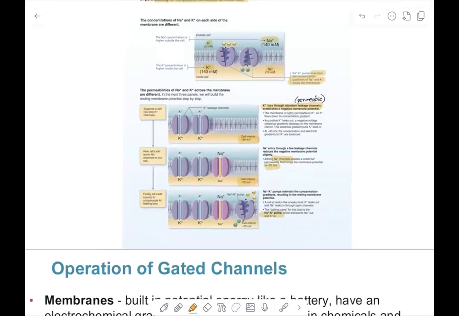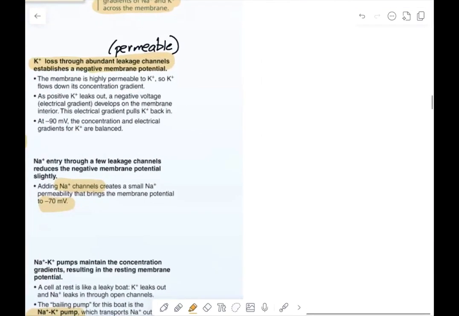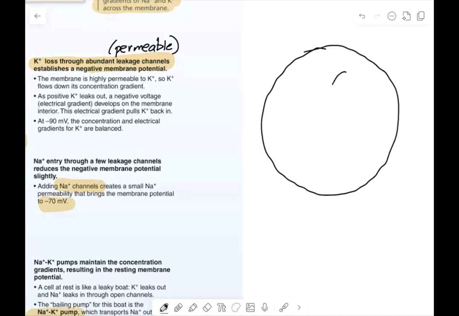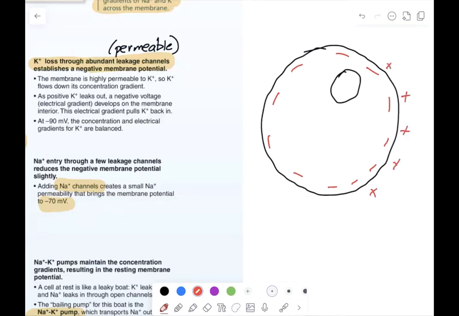So again, I want you to make sure that you remember in a normal cell, you've seen this before, we have our nucleus, but the inside is going to be negative compared to the outside. So we're just looking at it from a different view. So it's a comparison from the inside to the outside. So that phospholipid bilayer, that membrane, is going to look like a battery.